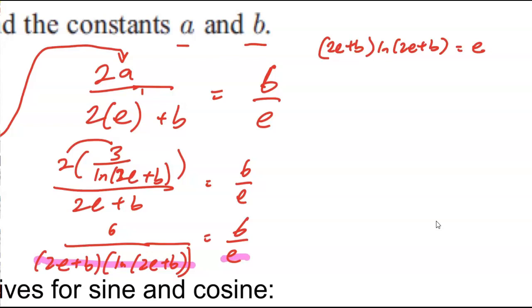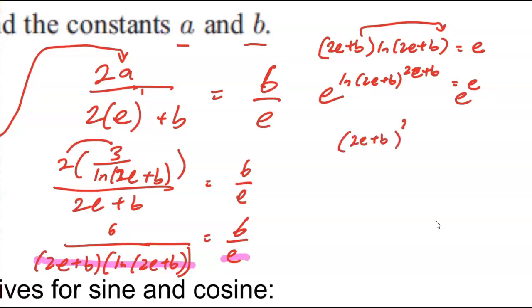I can put this as a power using the exponent rule. And now I can get rid of the natural log by taking both sides to the e. E to the this is equal to e to the that. So 2e plus b to the 2e plus b is equal to e to the e.